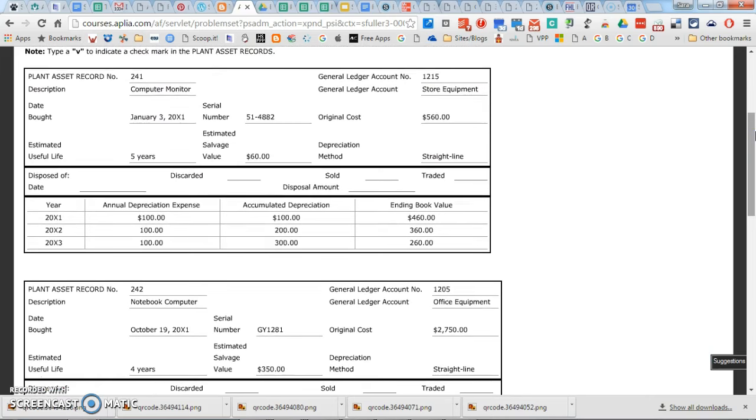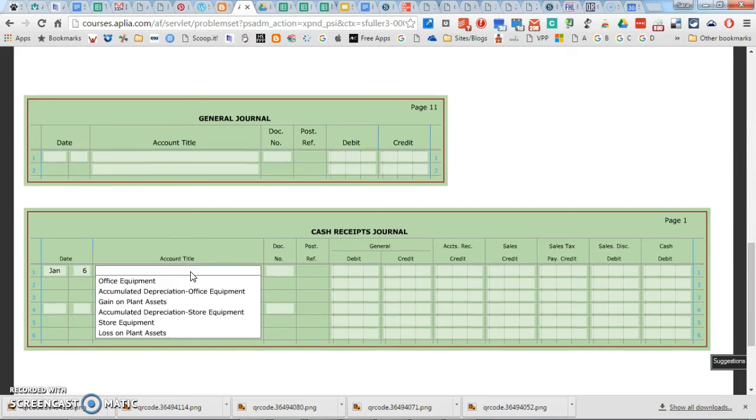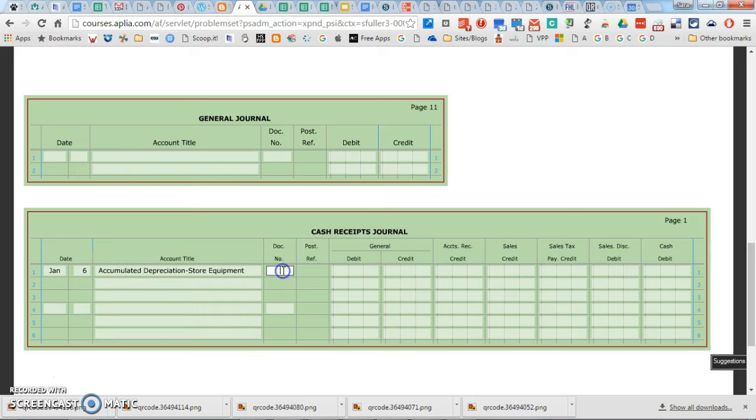So this is saying that we sold it for $290. Our ending book value was $260. So therefore we will have a gain. And we will also need to know that our accumulated depreciation is from right here. So back in my cash receipts, accumulated depreciation, and this is store equipment.